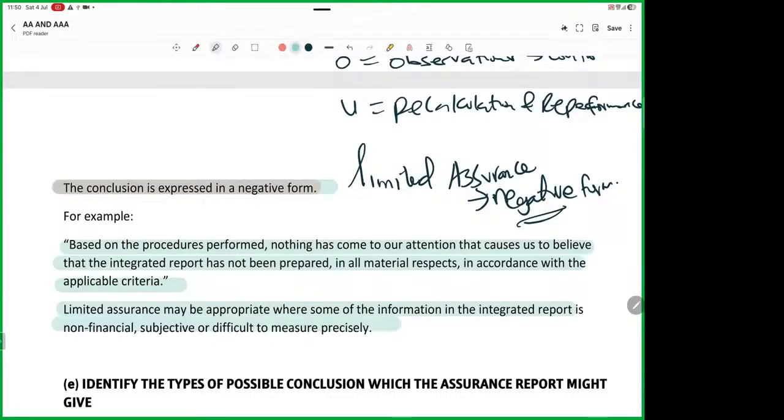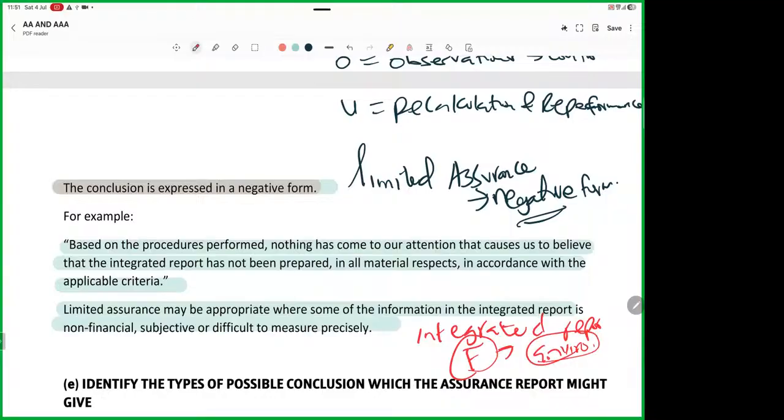They are right, ladies and gentlemen. Why? Because they are talking about the integrated report. Remember, financial information, most of this you can really measure. But when you go to environmental issues, there is a lot of subjectivity.